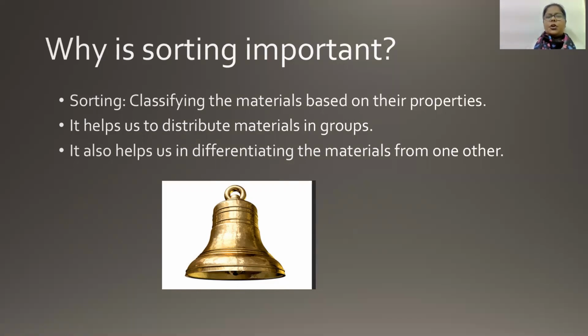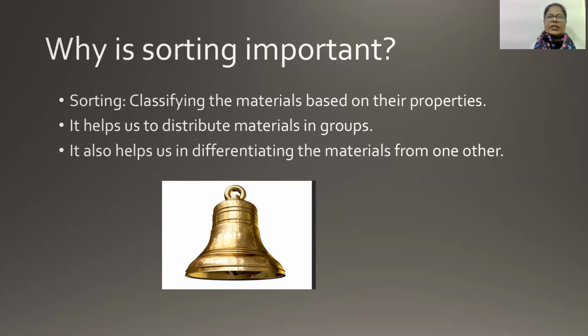When we want to produce sound from the bell, it is very necessary that the material we are using should produce sound on hitting. The first one I gave you was the paper. The paper on hitting does not produce any sound, so it is useless to make a bell from it.